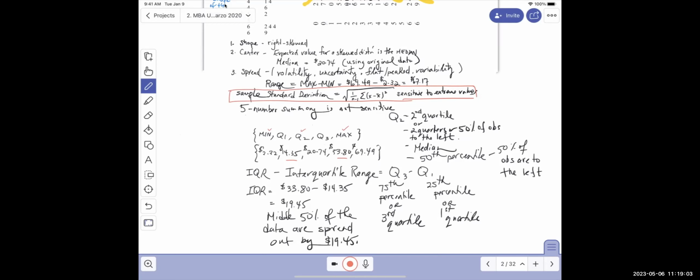So about $20. The middle range of data is spread out by $20, $19.45. But overall, the range is spread out by almost 70.